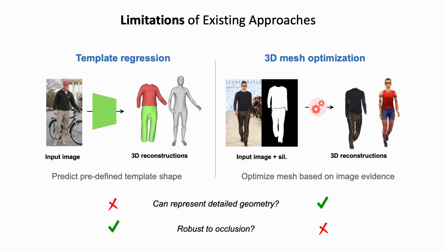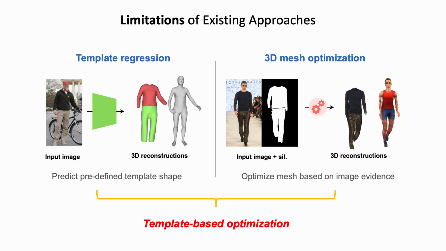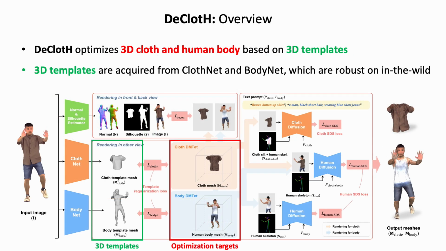So how can we address this trade-off? Our solution is simple. We combine both approaches into a single unified pipeline. We call this the template-based optimization pipeline. Our framework, DeClotH, performs template-based optimization to optimize both 3D clothes and human body based on the 3D templates.